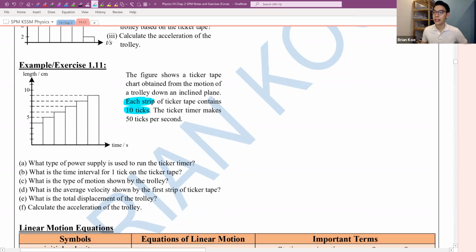Each strip is 10 ticks. Okay, the ticker timer makes 50 ticks in 1 second. Okay, you have been asked this question many times: what type of power supply is used to run the ticker timer? Alternating current, right? If you still don't know this one, I don't know what to do with you.